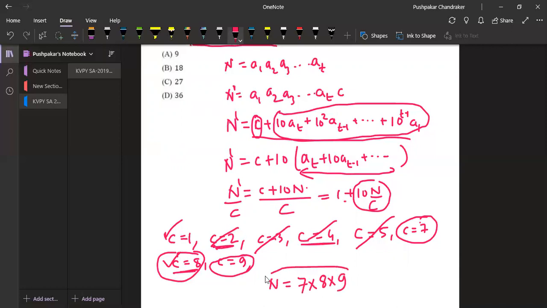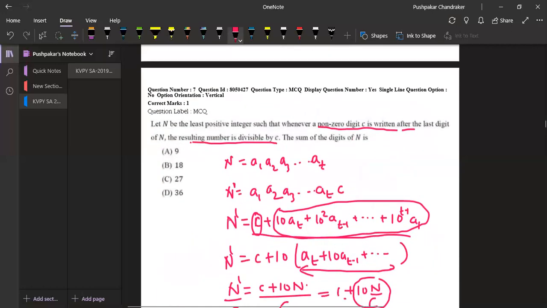If this is the number, it will be divisible by all numbers from 1 to 9. So this number is nothing but 7 times 72, which is 504. 504 is the answer. It means the number is 504. So the sum of the digits of n is nothing but 9, which is option A.